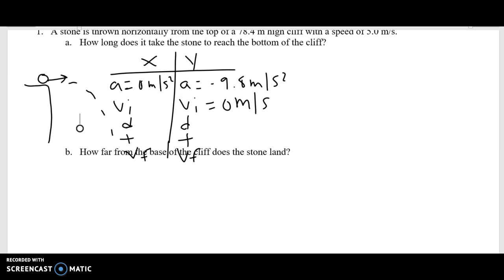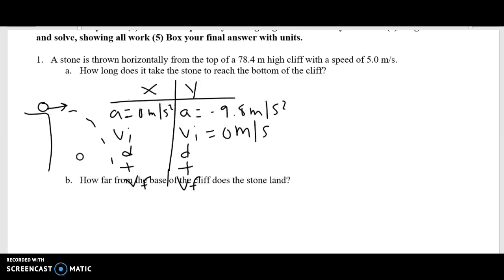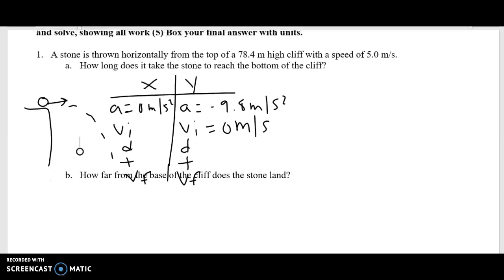Okay, then I'm just going to put in all the other variables that we know or could possibly solve for. And then we're going to just read the problem and put everything in. So it says a stone is thrown horizontally from the top of a 78.4 meter high cliff with a speed of 5 meters per second. Okay, well, I know 78.4 meters high. I know according to my units it is distance, but I need to decide which distance.